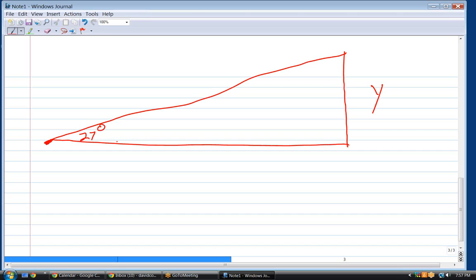You move forward 1,000 feet. You shoot another reading to the top of that mountain, and that's 35 degrees. How tall is the mountain?